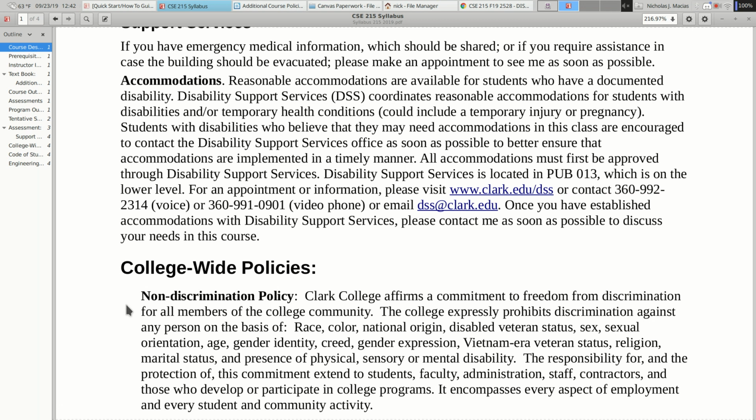And this cuts across all classes, right? If there's something that would help you in all of your classes, figure out the process. Come and talk to me. We can work through it together. Or talk to one of your other teachers, or just go straight to the DSS office, whatever you like. But it's a great resource, so definitely take advantage of it if you're in that situation.